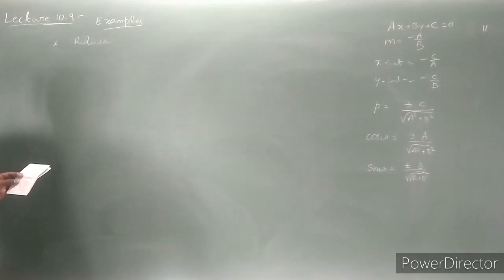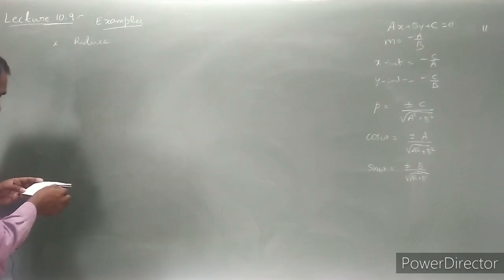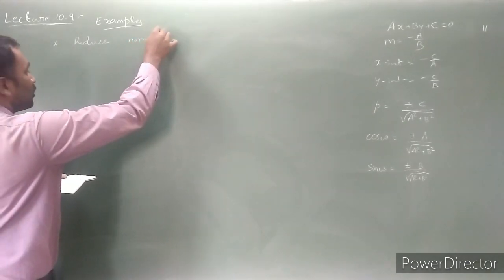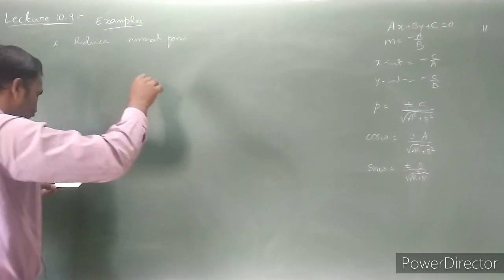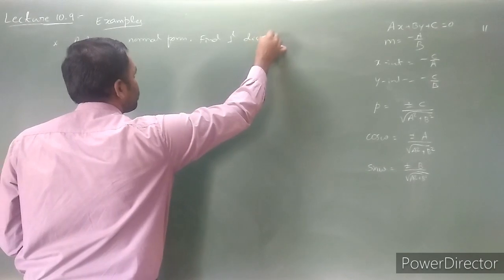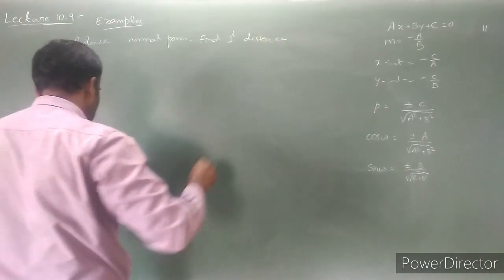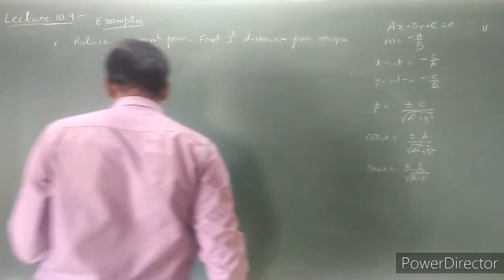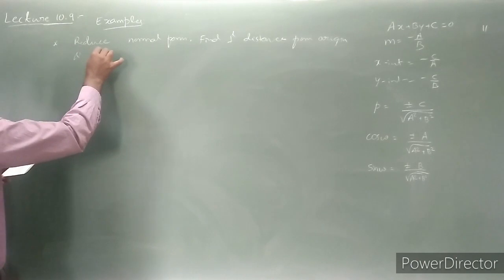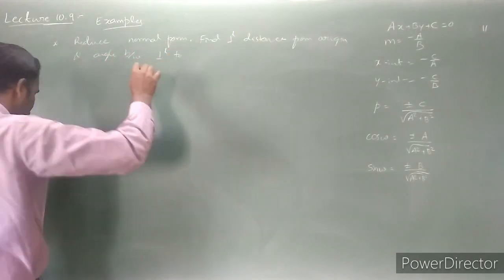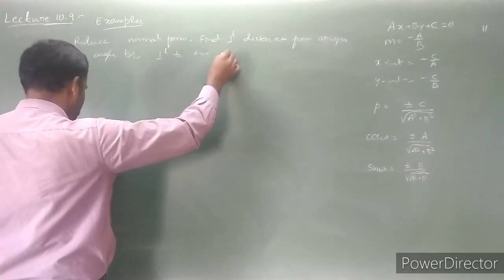Reduce it to the normal form and find the perpendicular distance from the origin and the angle between the perpendicular and the positive direction of the x-axis.